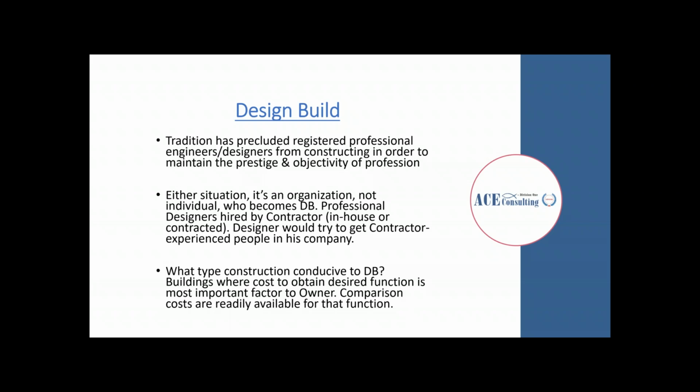The most conducive types of construction for design-build are buildings where the cost to obtain desired function is the most important factor to the owner. When it's function over aesthetic is when design-build can come into play.